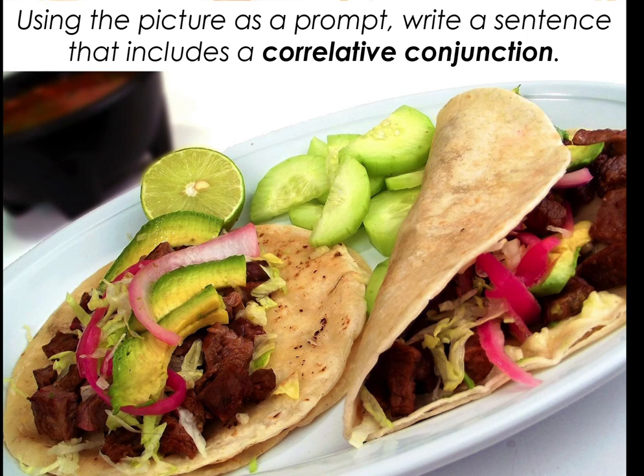Any of these could be used to create a great sentence. Okay, Eagles, if you're done writing that sentence, make sure you highlight what were your correlative conjunctions that you used.